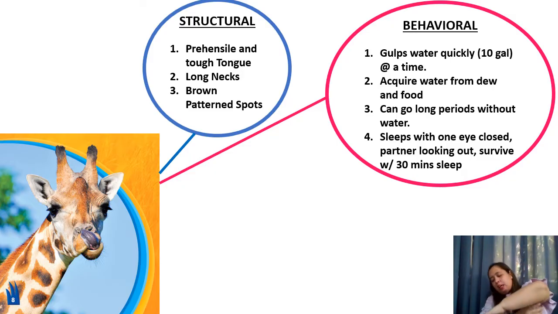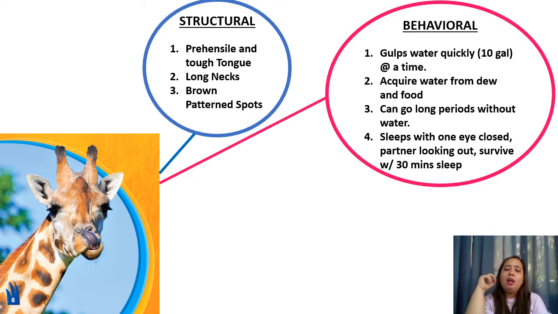Kasi pag bumaba yan, kaya mapapansin yung mga giraffe kapag umiinom, parang nag-squat sila sa kanilang legs for them to drink on the ground. And at the same time, if they did that, they are subjecting themselves to a lot of predators.